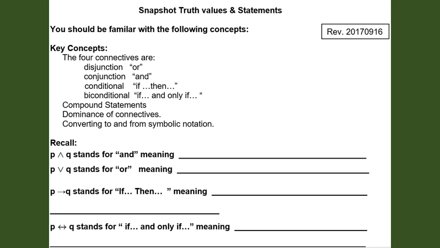Recall, this notation stands for the word and, meaning P and Q have to occur. The word and means both of them, so it means both P and Q occur.